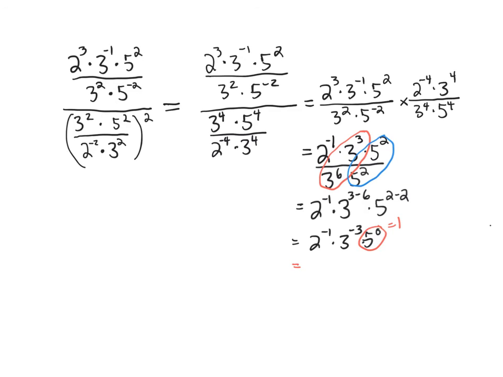Remember, negative exponents are like going in the denominator. So we have a 2 and a 3 in the denominator. So this is like 1 over 2 times 3 cubed, which you can check is 1 over 54. So after all that simplification, we have our final answer as 1 over 54.